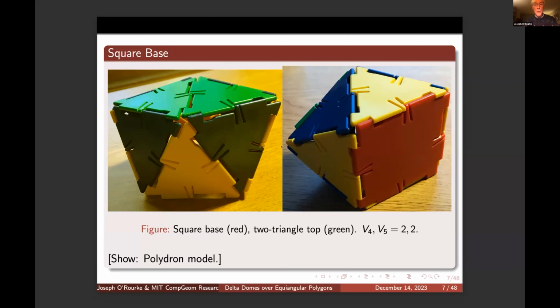Rather, the focus will be on whether you can dome a polygon with this many edges or these angles. And I'm going to use equiangular polygons. And just, can you do it or can you not do it? Not how many different ways. Although that's an interesting question, and we did investigate it, it's not part of this talk.